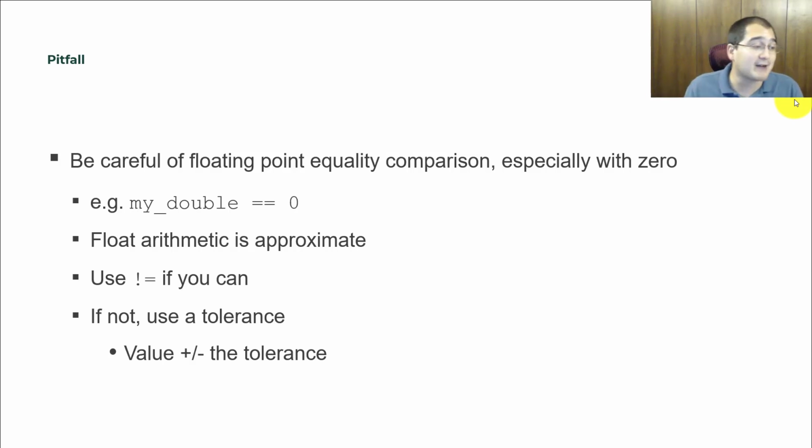If you multiply that by 3, the result might not exactly equal 1. It might be 0.999 repeating. So be very careful when comparing equality or inequality with floating point values. Generally, the better idea is to say, is my value within 0.1 distance of 1, is it close enough to 1? We won't be doing a lot of floating point math in this class. Just be very aware of the fact that floating points aren't infinitely precise.